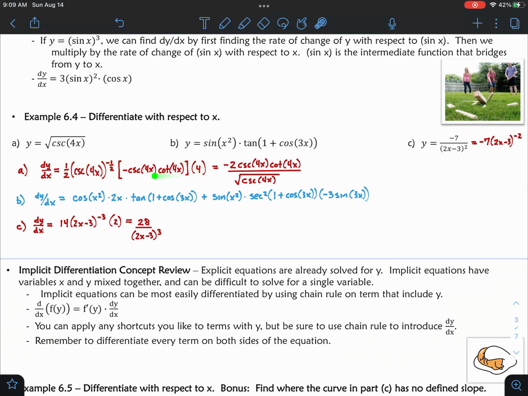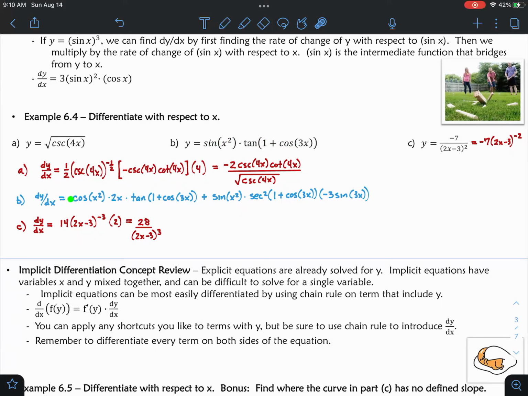You do not necessarily need to clean this up, although a pet peeve of mine, if you have different constants multiplied together, at the very least, probably combine that into a single constant. It's quick and easy. Second one involves product rule and then two instances of chain rule.